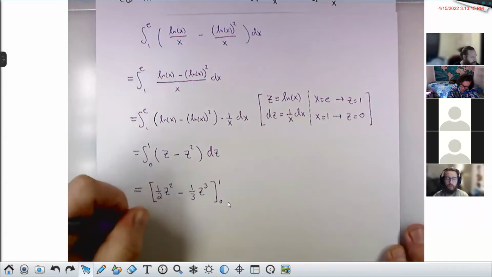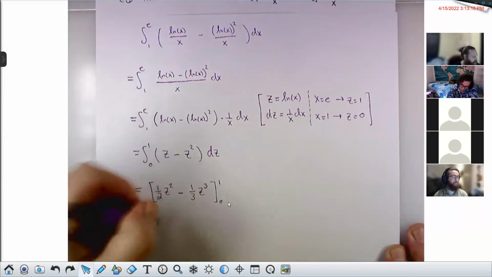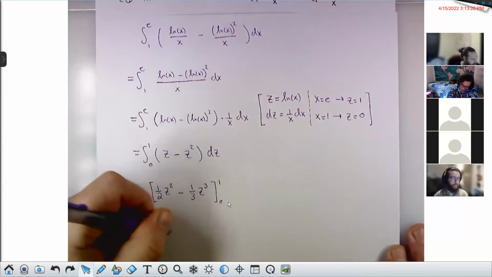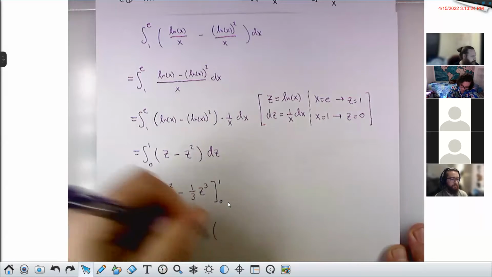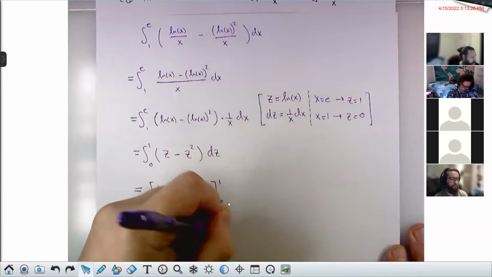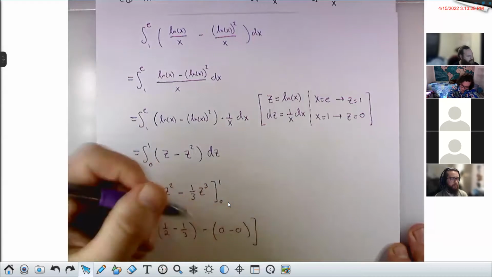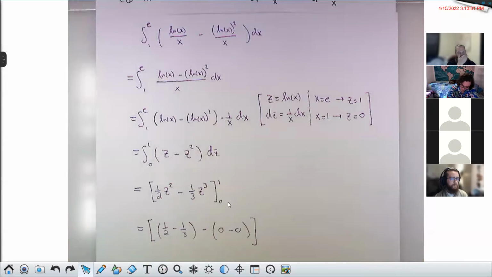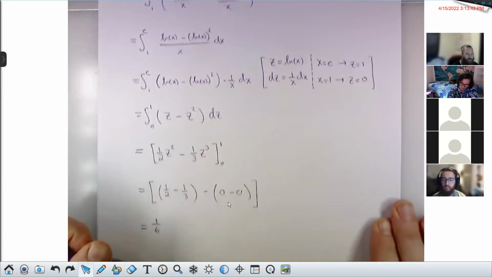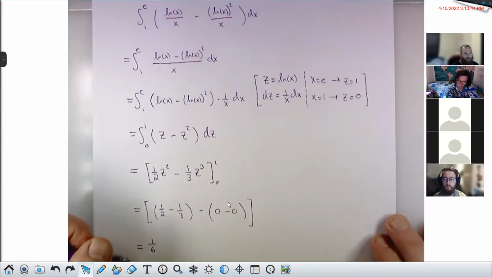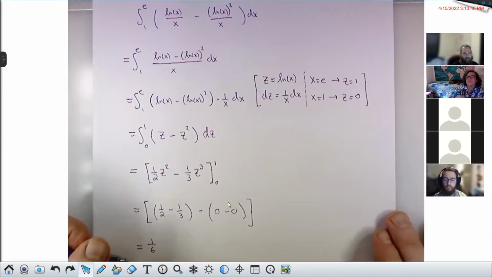At the upper bound, I'm plugging in 1 for z, I'm just going to get 1/2 minus 1/3. At the lower bound, I'm going to get 0 minus 0. There's that difference of 1/2 and 1/3 again. That's just 1/6. So that is the game.